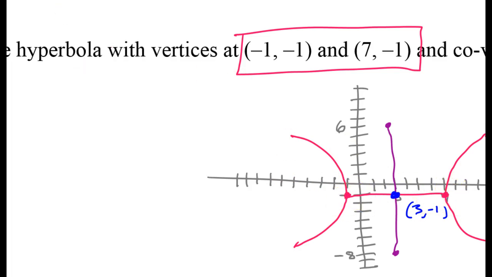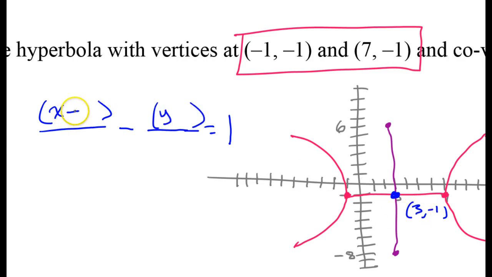So when I start off my equation, I'm going to do x in the numerator for the first fraction. Okay, now the center, the coordinates, will tell me what to put inside these parentheses. So because of the 3, I'm going to put x minus 3 squared. Because of the negative 1, I'm going to put y plus 1 squared. So I'm just doing the opposite of each one of these.